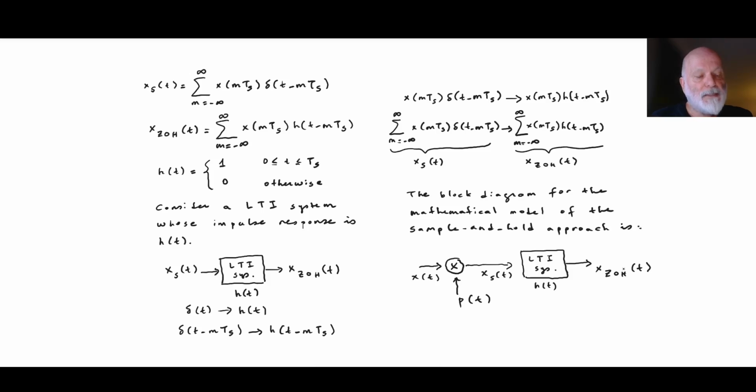Okay, so the next question is, can we reconstruct x of t from xZOH of t? So let us ask the question here and try to answer the question next.